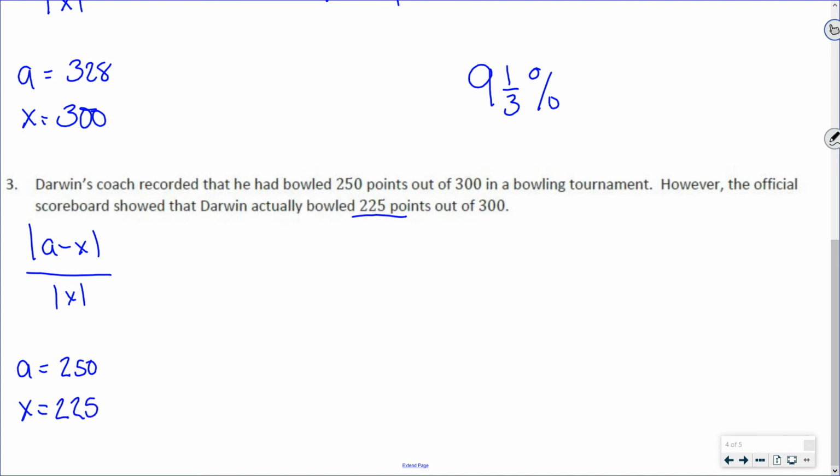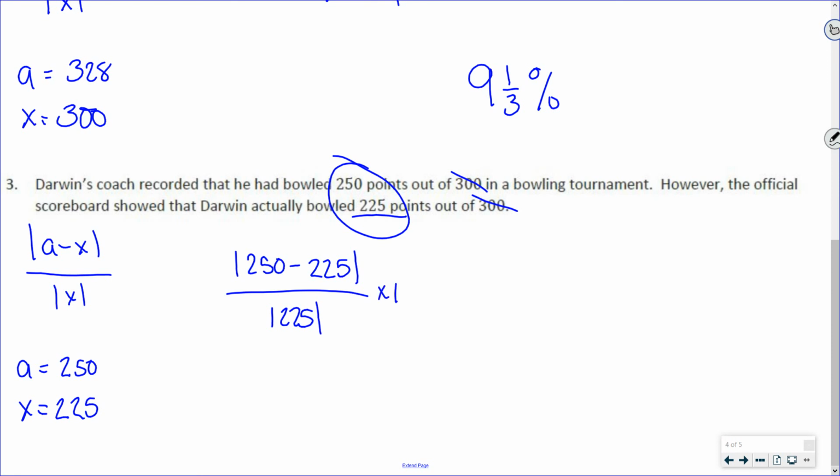Now, it's not whether or not it's out of 300, because that doesn't change. That's consistent. What we're worried about is what was the difference in the coach's score versus what the exact score was. That's why we're ignoring these 300s. We just need to be worried about these two sets of points right here. So we've got the absolute value of 250 minus 225 over the absolute value of 225, times 100.